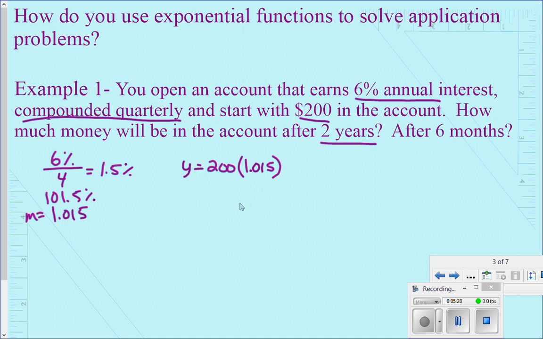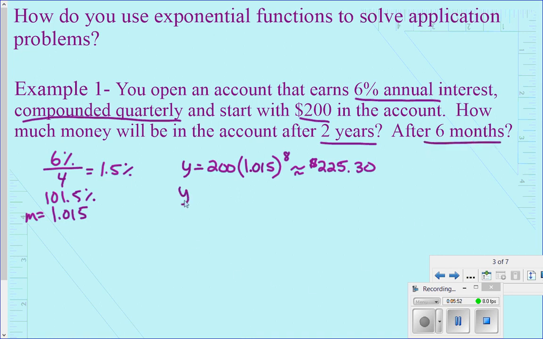So after 2 years, well, there's 4 quarters in a year, that means 8 quarters in 2 years. So that's how I set this up. So I type that in my calculator, and we're talking dollars and cents here, so I'm going to round right away to the nearest cent, $225.30.